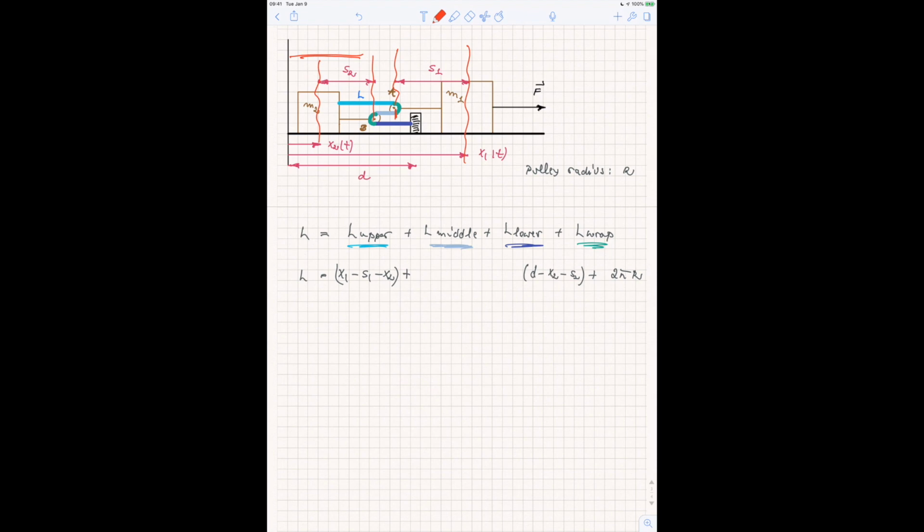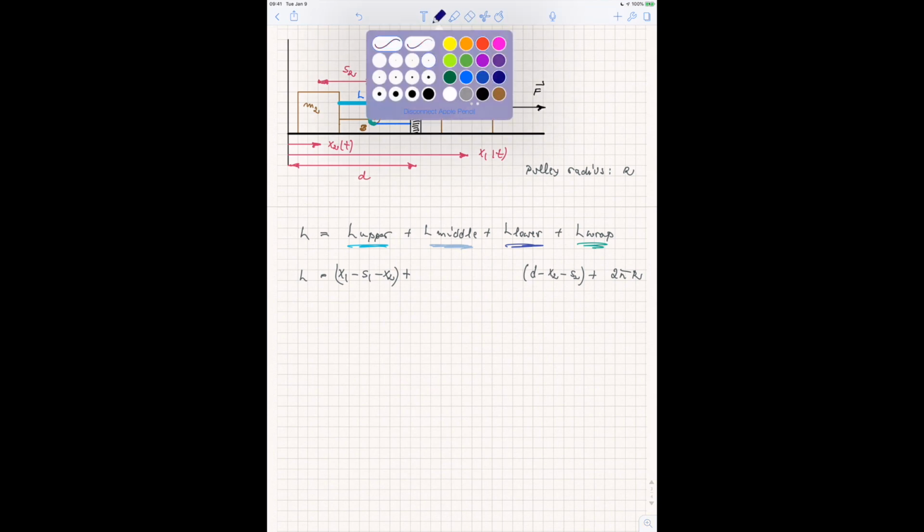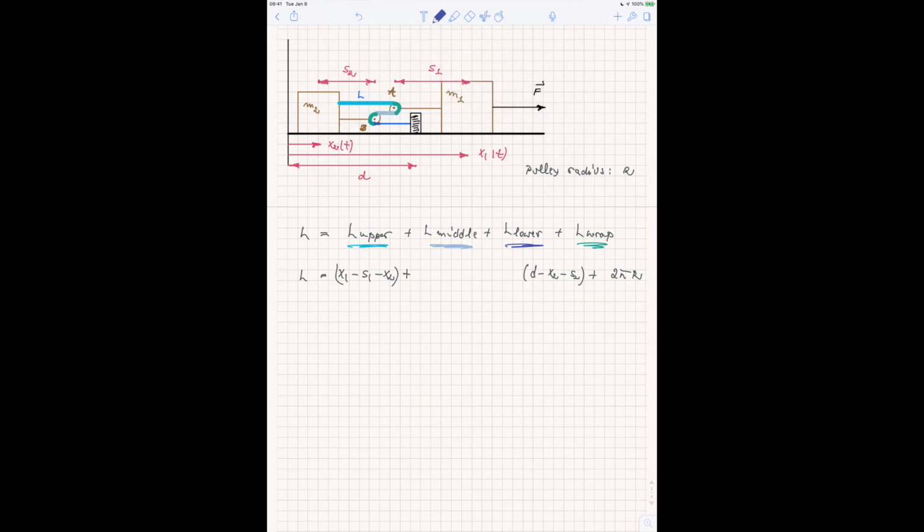And therefore, if I take x1 from here minus s1, then I'm here, and subtract this distance, then I come to this light blue distance in between here. So let me clean this up. Now I accidentally deleted my thicker blue line here. Let me just go back to this here.